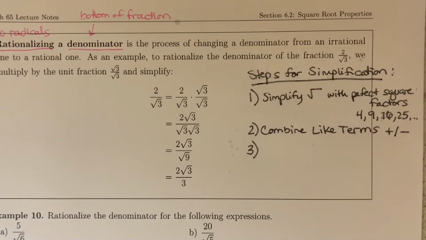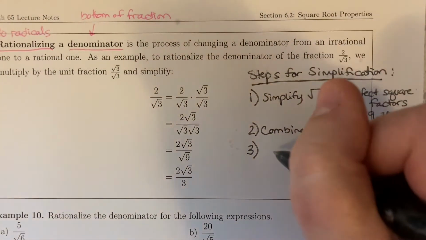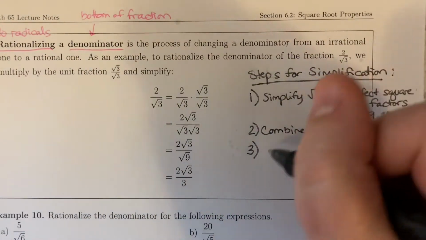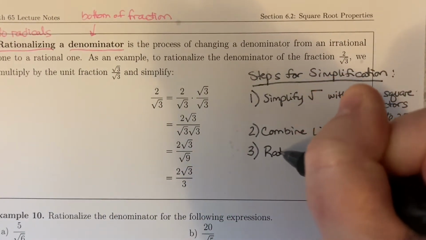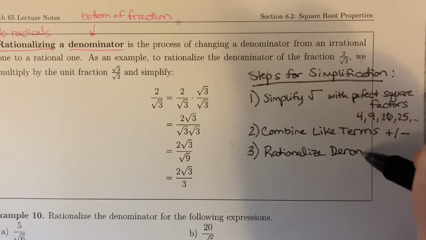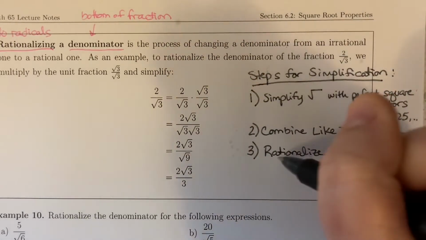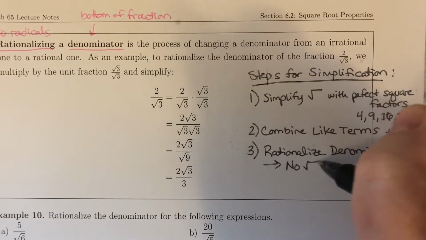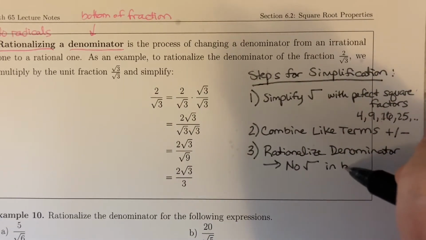Next, we want to always do this new step that we're going to learn called rationalizing the denominator. Which again means no square roots in the bottom of the fraction.